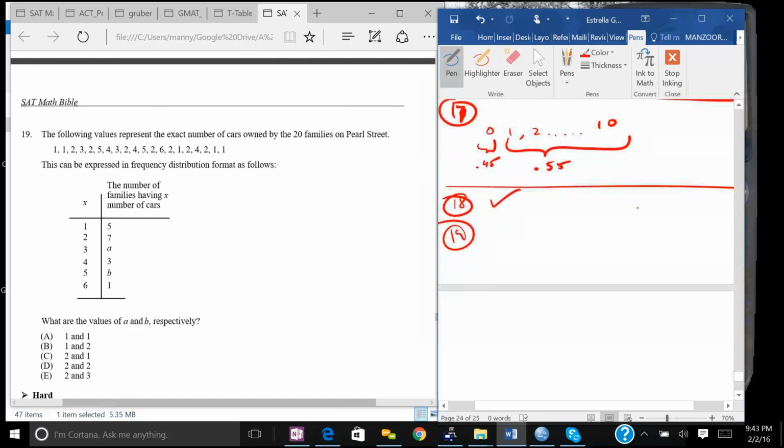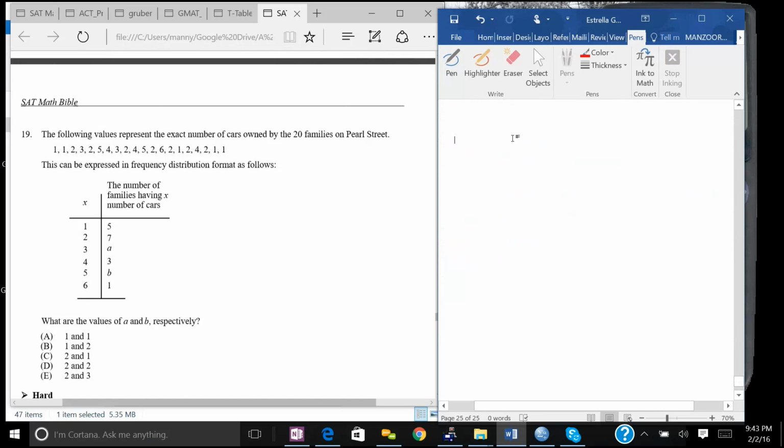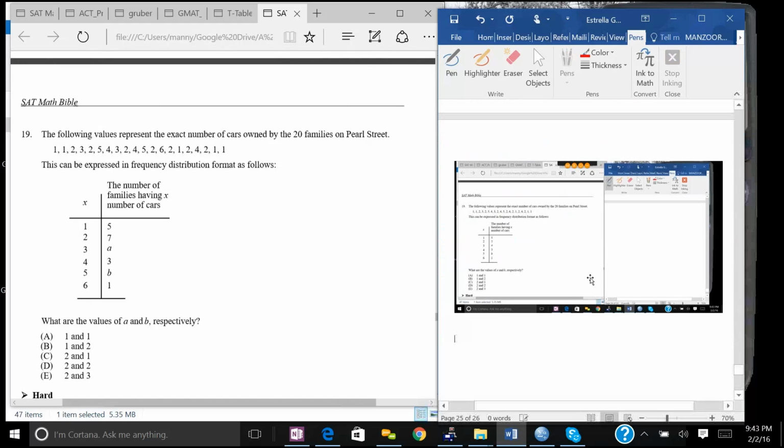I did not use the orange. No. 19, you said? 19B.